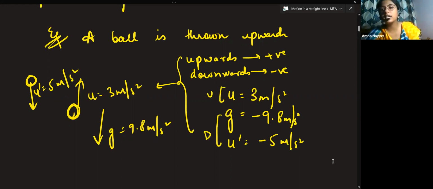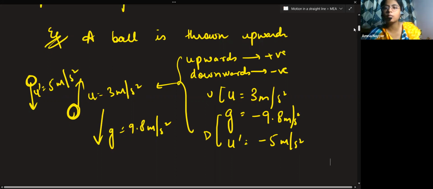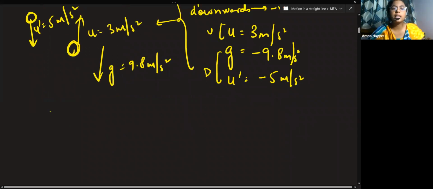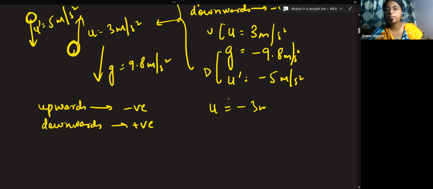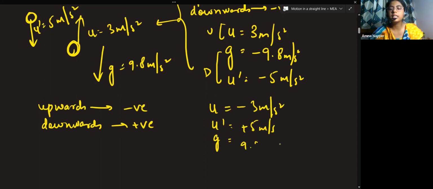Let's say Maha has taken upwards as negative in her calculation. So obviously downwards becomes positive. According to Maha, she will write the initial velocity u as minus 3 meter per second, and u dash and g both as plus 5 meter per second and plus 9.8 meter per second square.